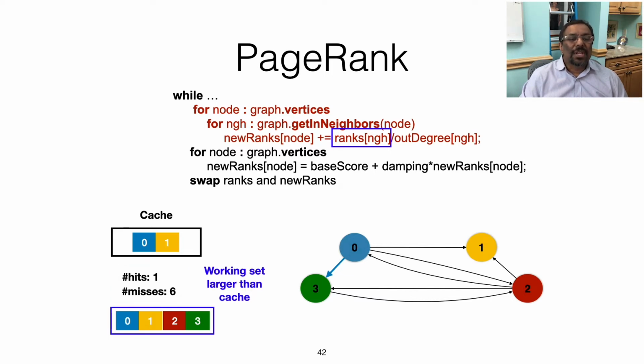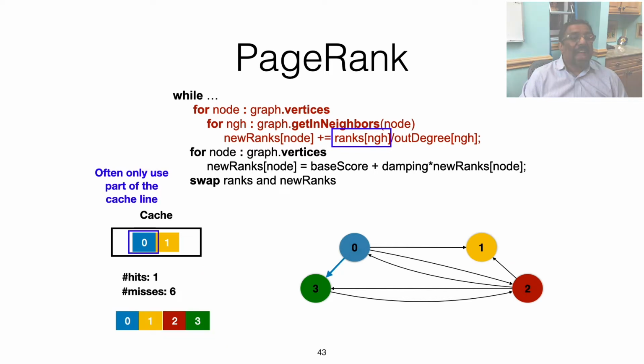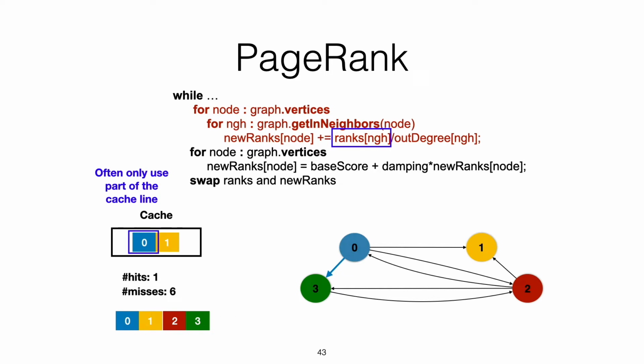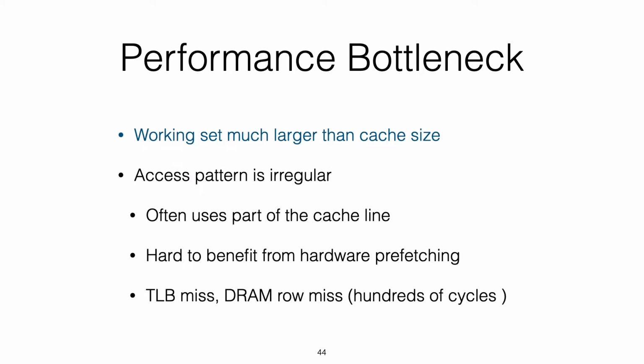So what can we do here? The problem is the working set is larger than the cache, and often we only use a part of the cache line. We get the entire cache line to utilize only one value and throw the rest away. We want to come up with a transformation that will help.